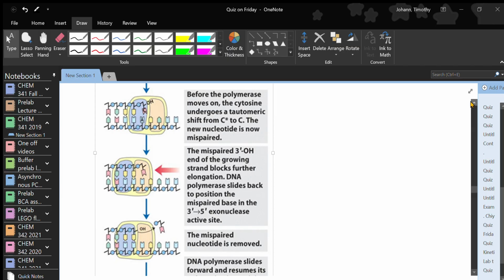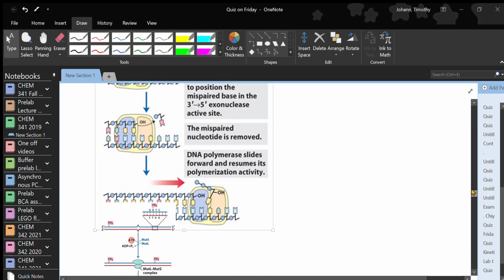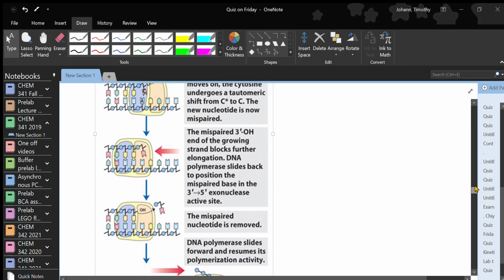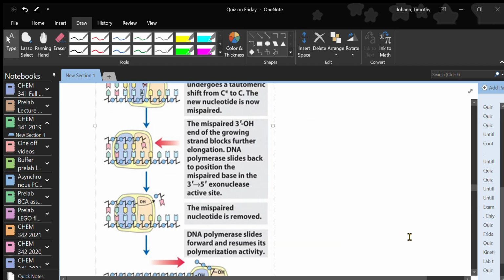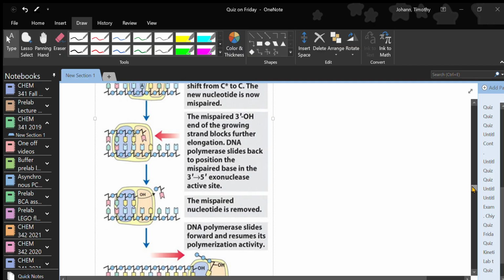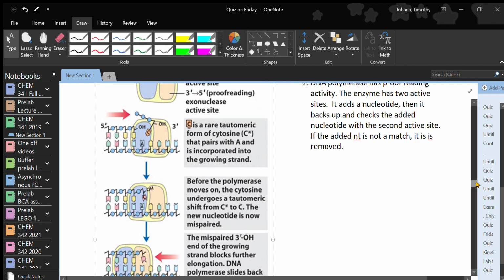If it doesn't match, it's going to remove that, and then it'll come back and add the right one. That makes sense? So it's chugging along like this. It slows it down, but it's really important that you don't have 500 errors for the E. coli genome.